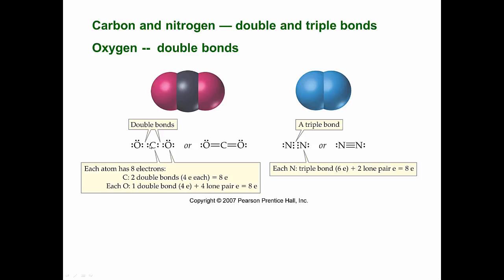So we can represent those 4 electrons as 2 single bonds or a double bond. So now when we count, we see that each oxygen has 2, 4, 6, 8 electrons about it, and the carbon has 2, 4, 6, 8 electrons. Nitrogen, the same thing. Nitrogen shares 6 electrons in its covalent bond. This is a triple bond.